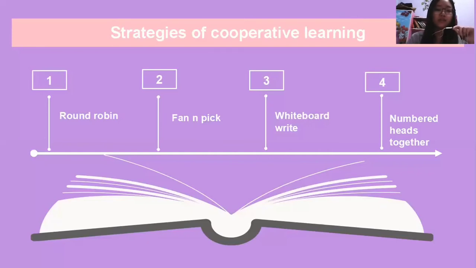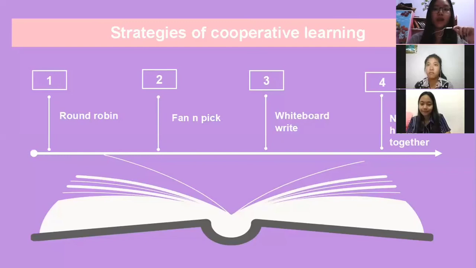And then the whole team remains standing and writing their answer on all the chalkboard. And then the team will sit down if they have the same answer as their friend. And the last is the teacher call the leader of its group to share their answer with the other group.